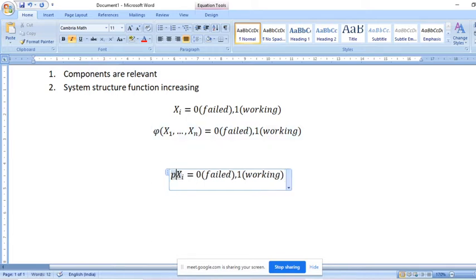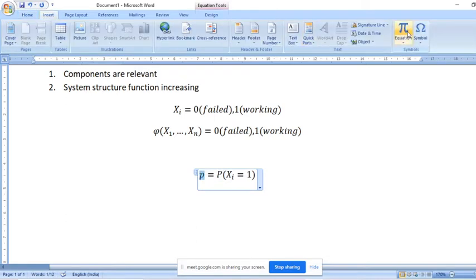Let it be denoted as Pi, equal to the probability of xi equal to 1. So what is Pi? Pi is nothing but a probability.